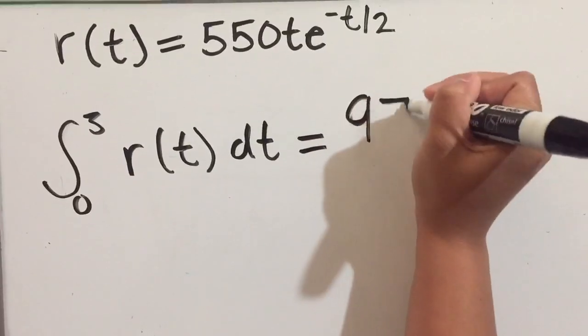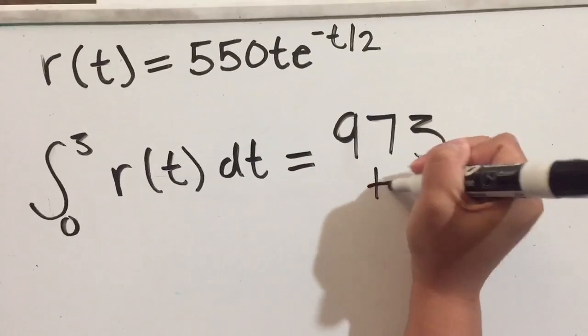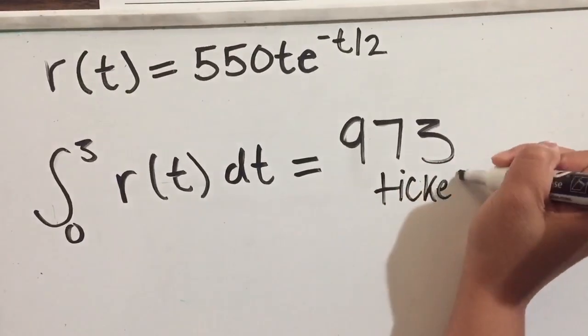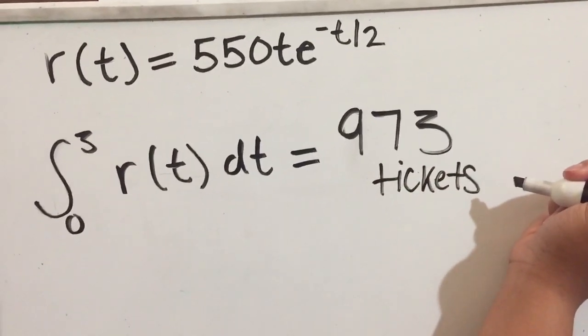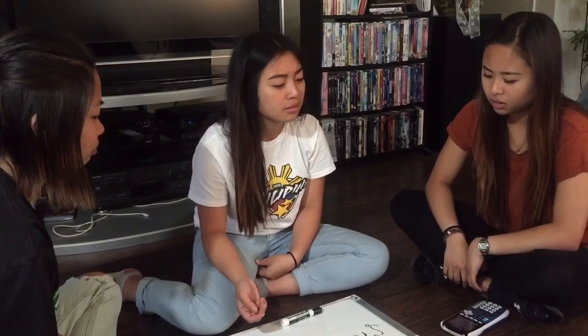Therefore, from 0 to 3 hours, 973 tickets were sold by 3 p.m. Okay, so 973 tickets were sold at 3 p.m. Wait, but there's only 977 seniors in the senior class. So, who's the missing person? Let's find out.